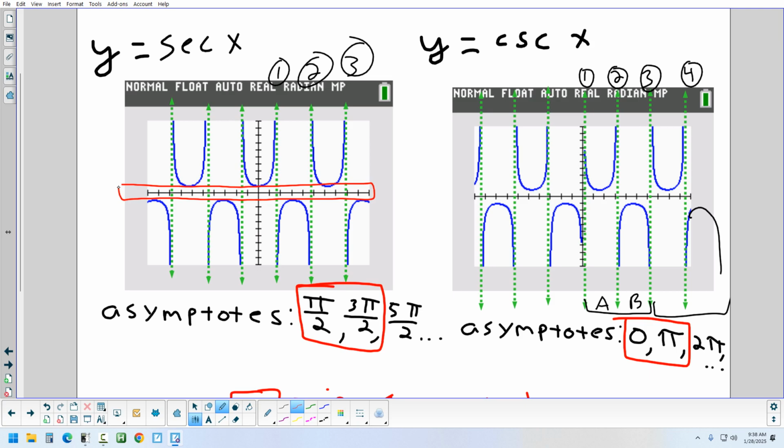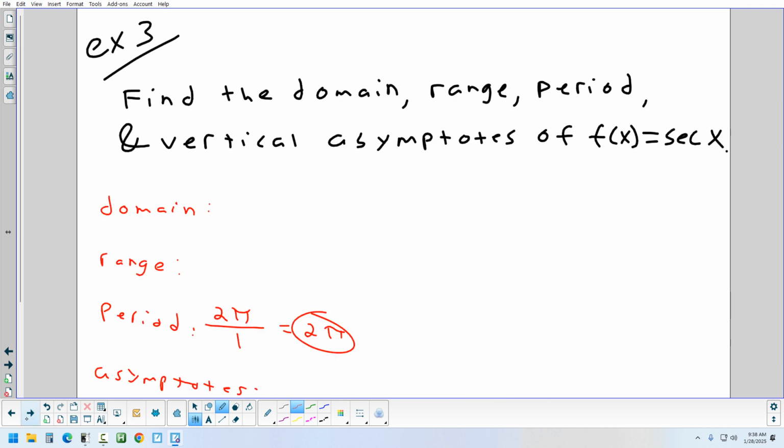So how would you describe the range of, let's start with the lower part, the lowest it goes up to the highest it goes? Negative infinity to negative 1. So we go from negative infinity up to and including -1.